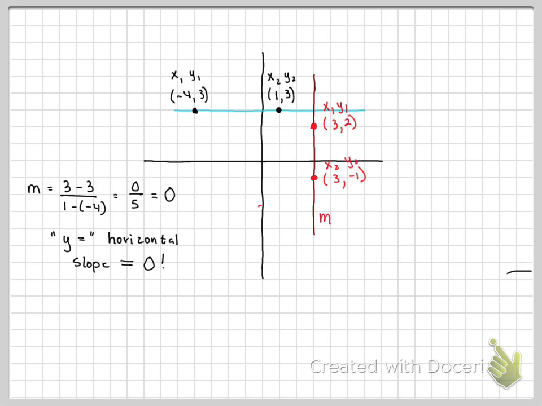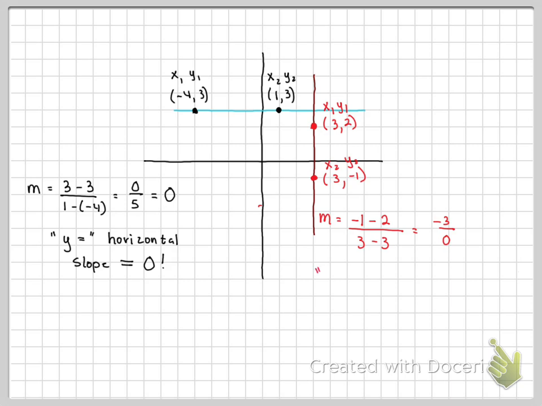So the slope, y2 is negative 1 minus y1, which is 2, over x2 minus x1. So that gives us a negative 3 over 0. Well, you should know by now that you are never allowed to have a 0 in the denominator of a fraction. That means that that fraction is undefined, okay?